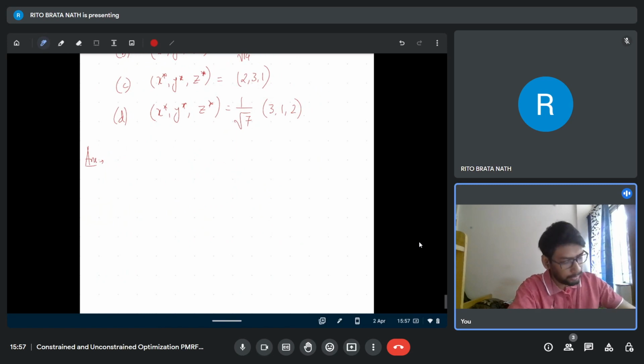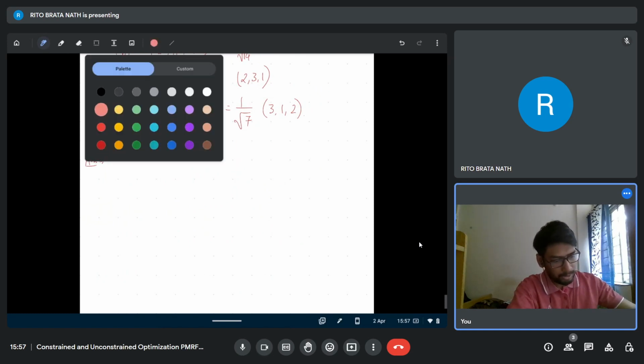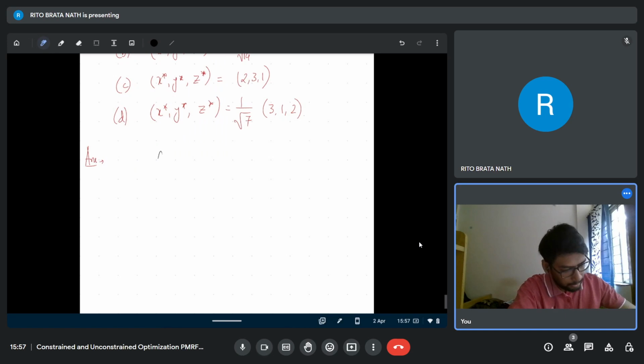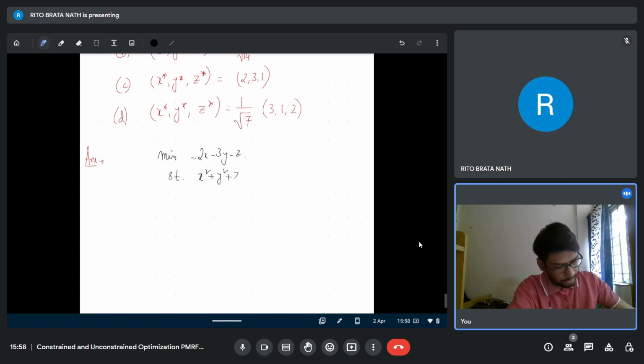You can convert it into a minimization problem so that you can directly apply the method. So minimize minus 2x minus 3y minus z subject to x squared plus y squared plus z squared equals 1, x, y, z greater than or equal to 0.